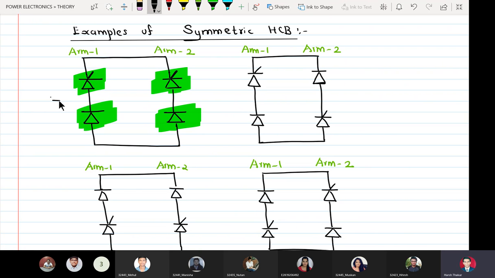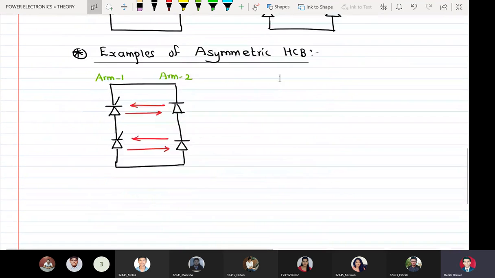You can say this is the upper half of the bridge and this is the lower half of the bridge. So a symmetric semi-converter in which we have SCRs in the upper half and diodes in the lower half is a part of our syllabus.